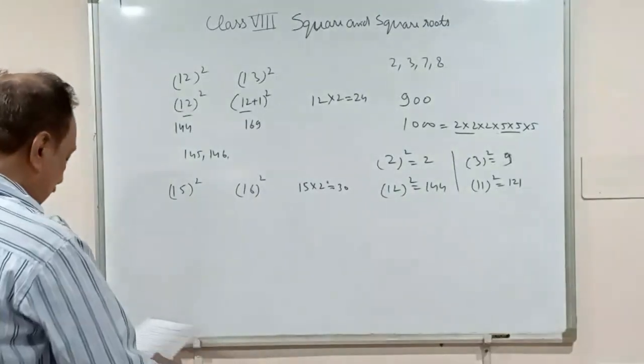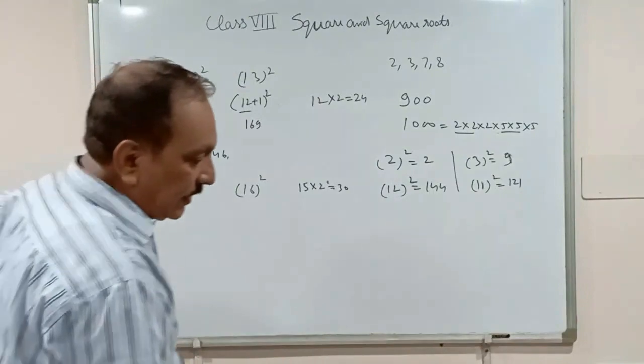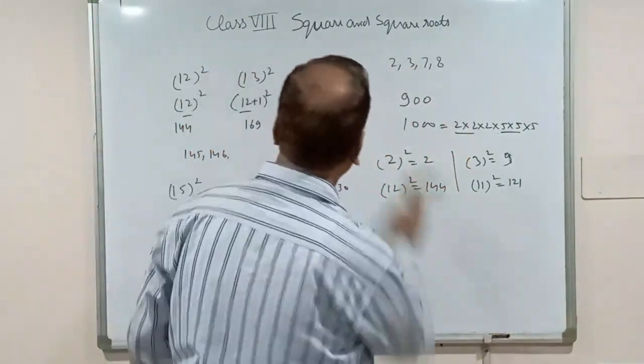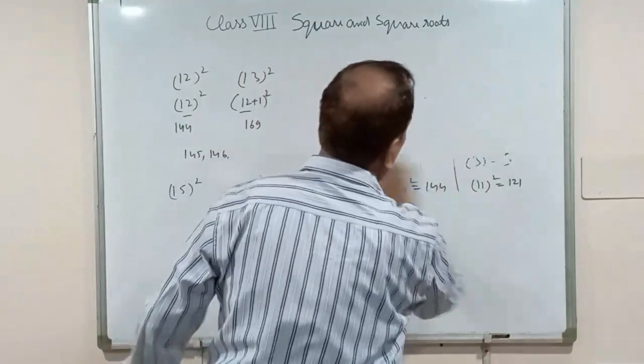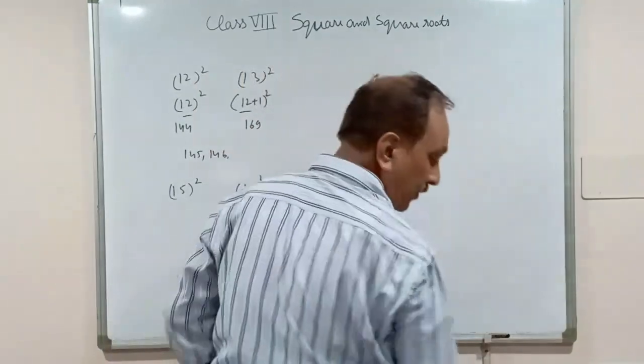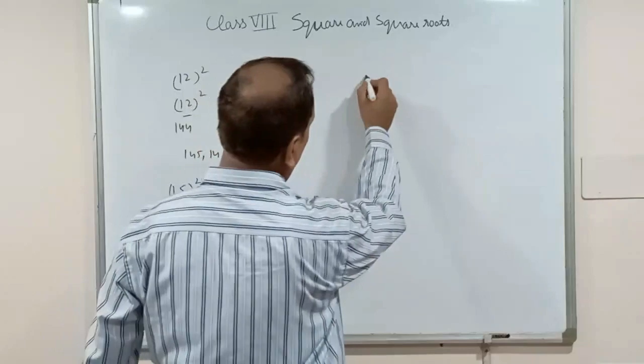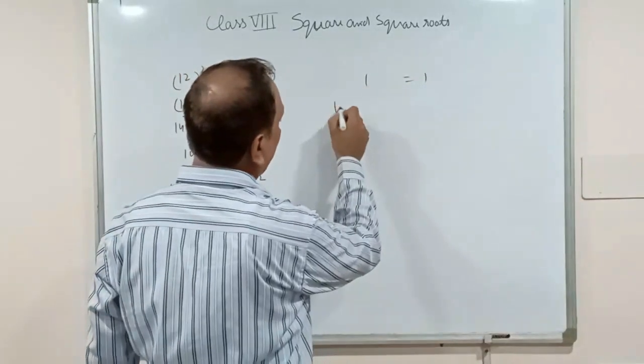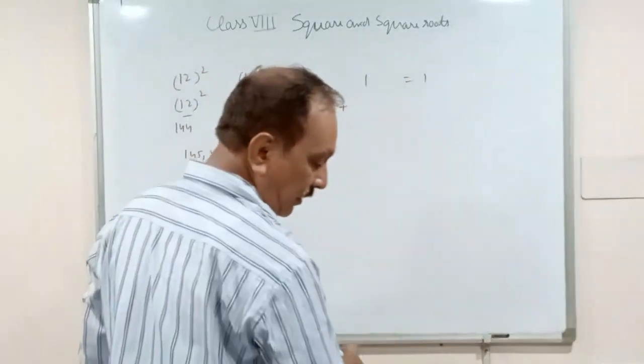नेक्स्ट, एडिंग ऑड नंबर्स. दिस इज ऑल्सो वेरी सिंपल पार्ट. One. It is also 1. Let next number is 1 plus 3.